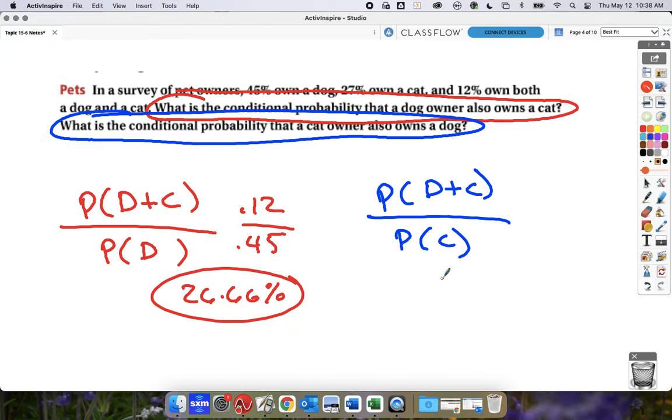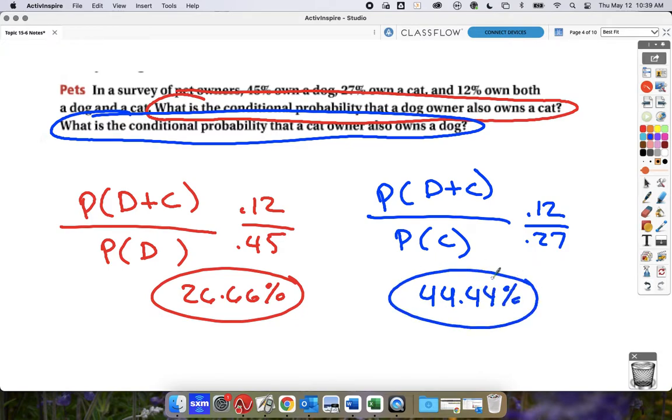The probability of both is still your 0.12, but the probability that you're a cat owner is 0.27. That's 0.4444, so 44.44%. I know that's right, but I just checked the math. They put 26.7%.